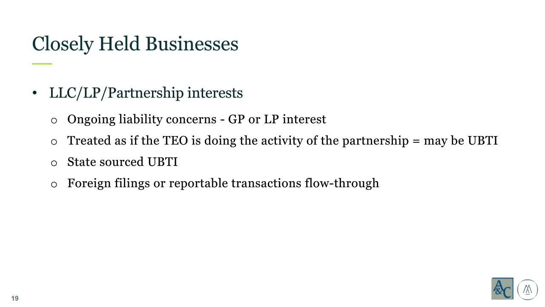So we have to be looking at these K1s that we get every year to make sure that we're capturing that income, and talking with the managers of the partnership so that if there is some sort of liquidity event within the partnership, or activity that's new to the partnership, they're letting you know ahead of time when that's coming, so you don't get the K1 and then have a big surprise that you have unrelated business income on it.